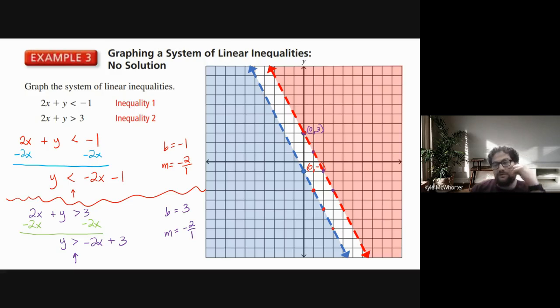Now, the situation we have here is that there is no place where the shadings overlap. So if there's no overlap of the shading, that means no solution.